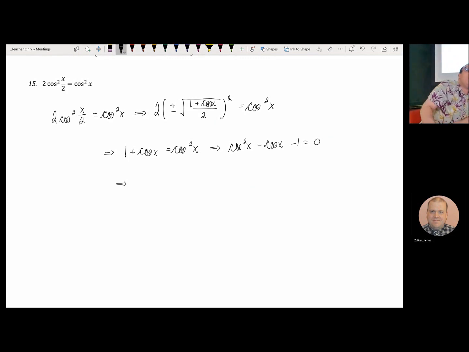This is a polynomial we've solved already. Cosine will have to be 1 plus root 5 over 2 or 1 minus root 5 over 2. Yeah, all right. But we solved it when we were looking at polynomials. Because this is the golden ratio.